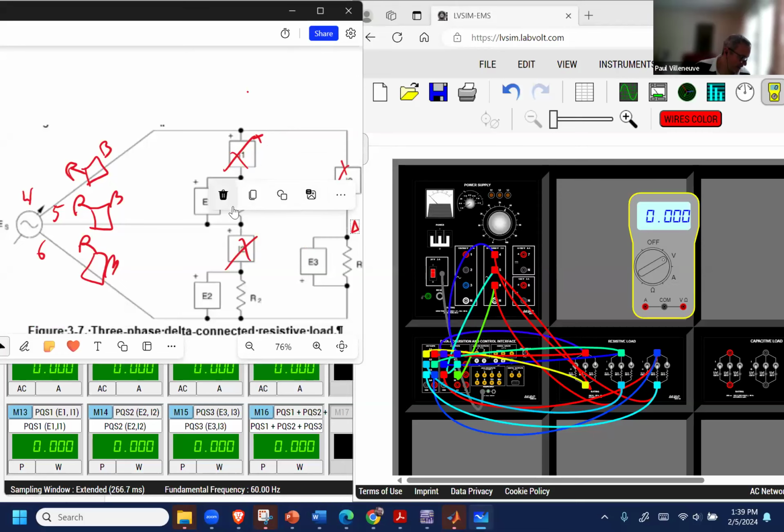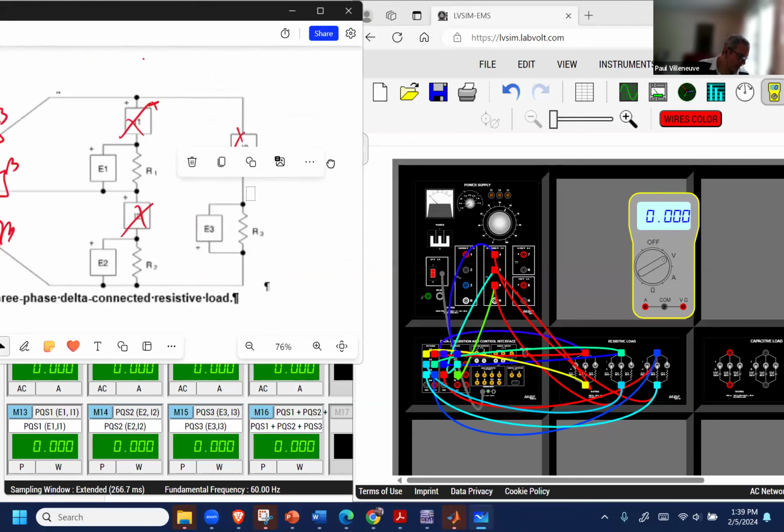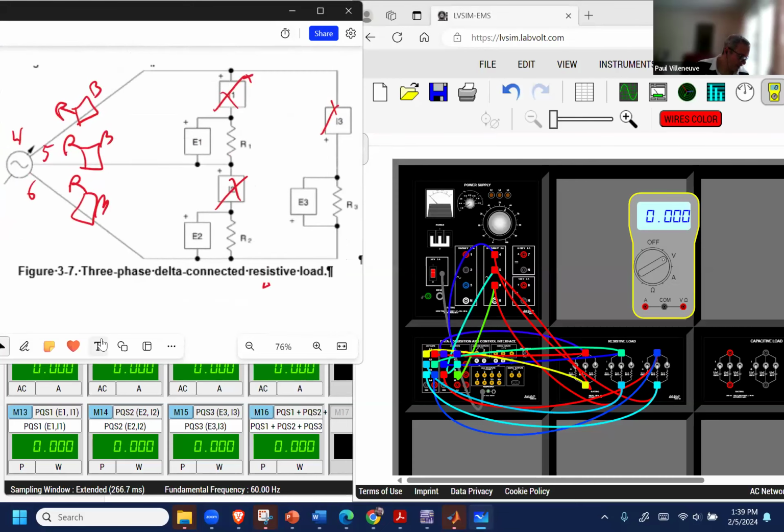I can't get this thing to move out of the way. So let me put it back maybe. So let's see if I can move it up. All right, it's gone now.